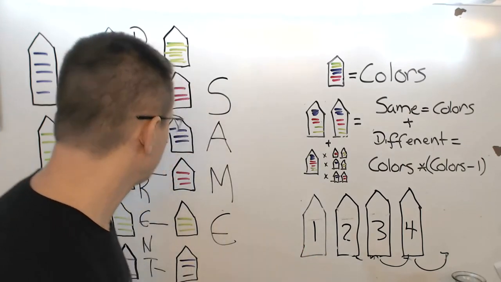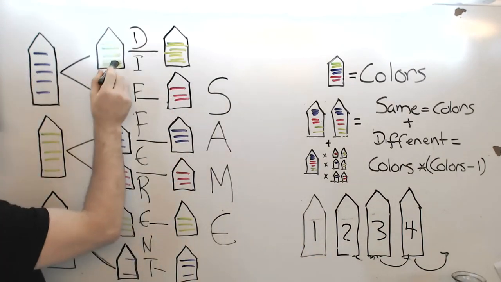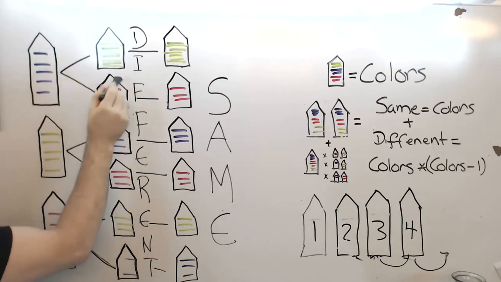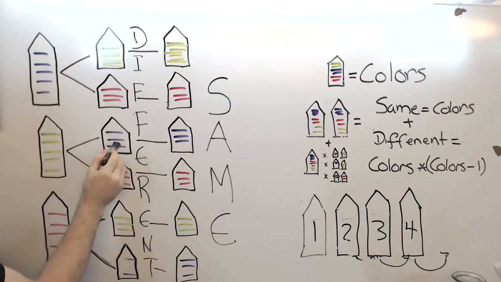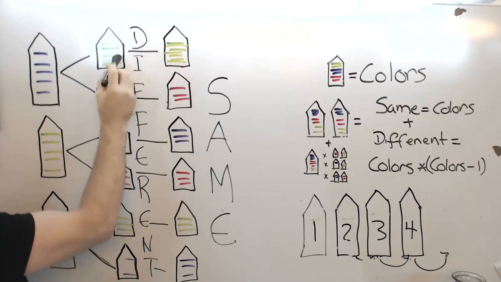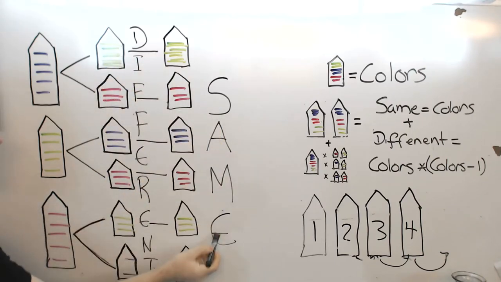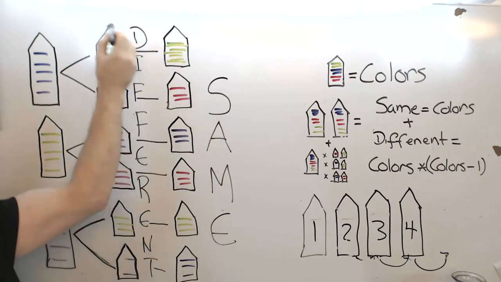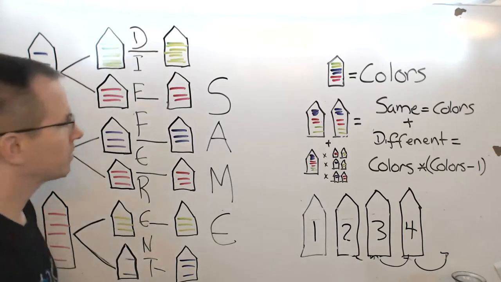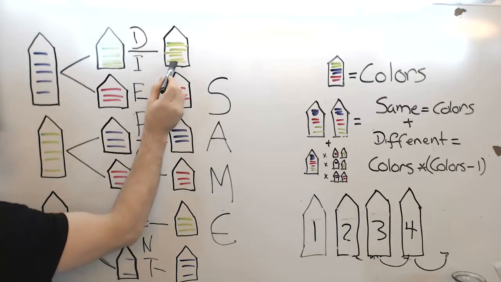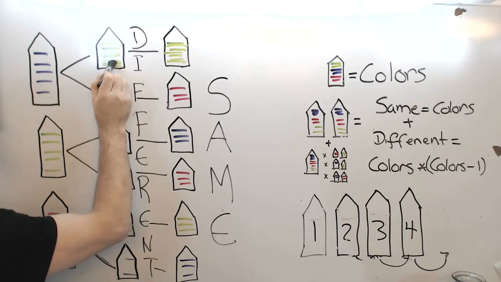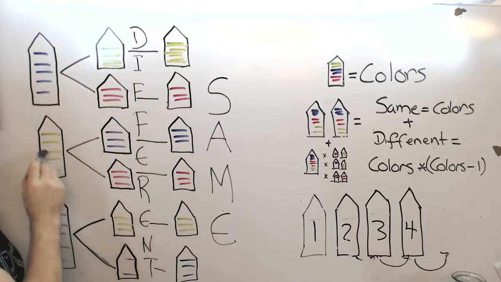So if picket 1 is different than 2, then we can say that our same is actually our past difference. A way to think about that is, if I go same, same, then in the past, for my first picket, it has to be different.